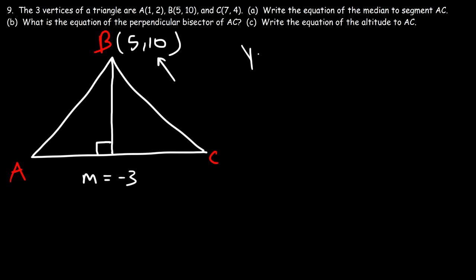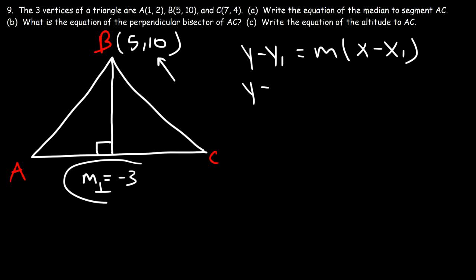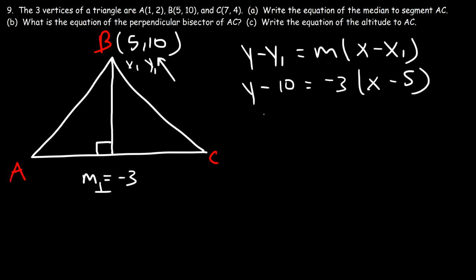So let's use the point slope formula. y minus y1 is equal to m times x minus x1. This is perpendicular to AC, by the way. So y1 is going to be 10, x1 is going to be 5. So let's distribute the negative 3. So it's going to be negative 3x plus 15.